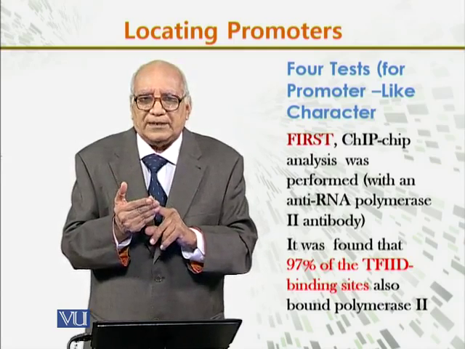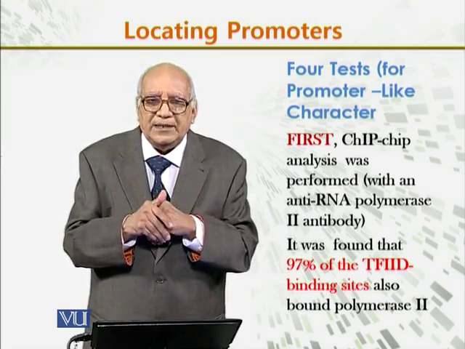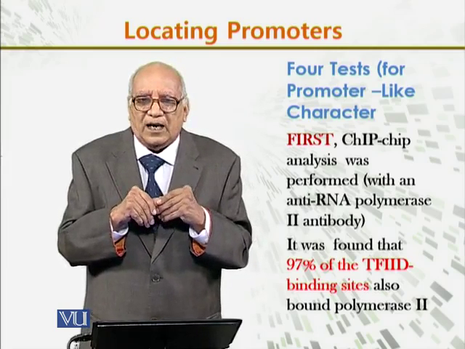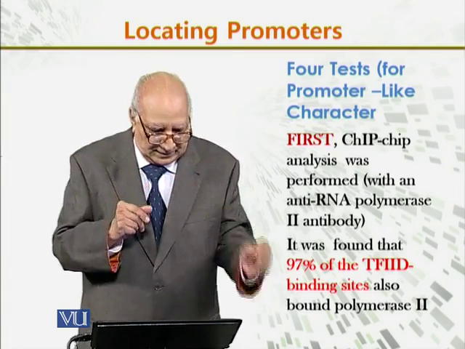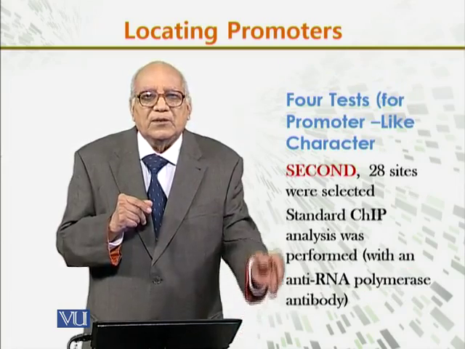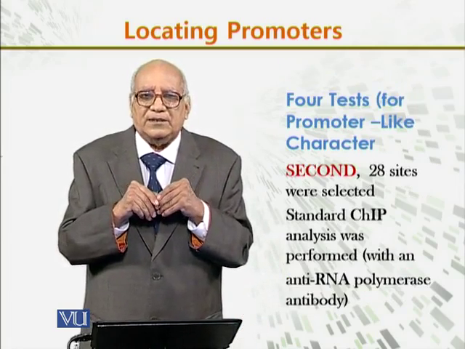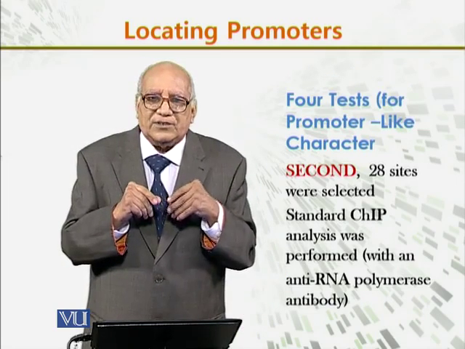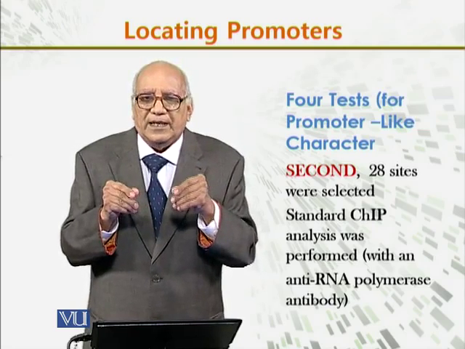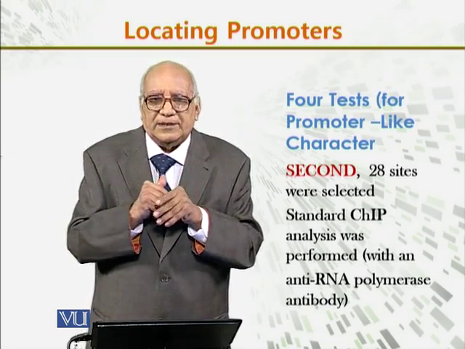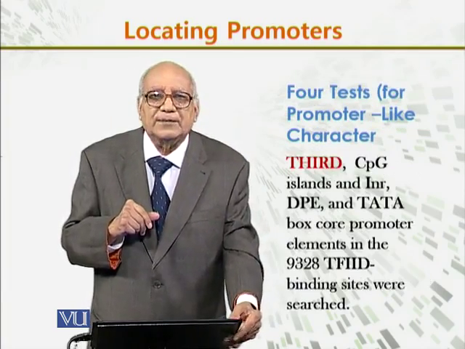It was found that 97% of the TFIID binding sites also bound polymerase II. In the second test, 28 sites were selected and standard ChIP analysis was performed with an anti-RNA polymerase II antibody again.